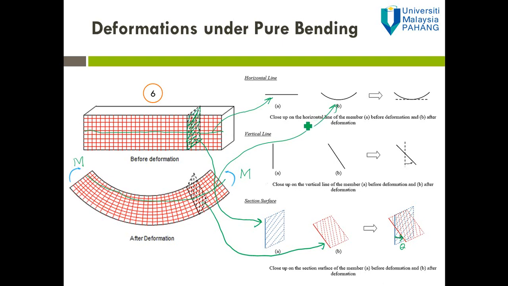Later in the next slide we will see that the normal stress and strain distribution varies linearly, which is consistent with what we observe here. We can see later how the stress and strain distribution will be consistent with what we observe in this slide.